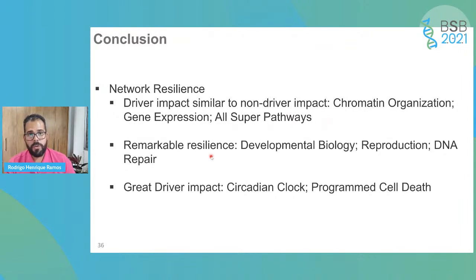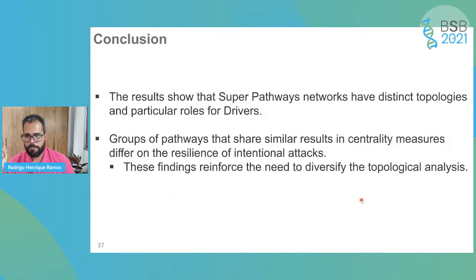We see a remarkable resilience in development biology, reproduction, and DNA repair, even with the removal of hubs. And we see a great impact on the removal of drivers in the circadian clock and programmed cell death networks.